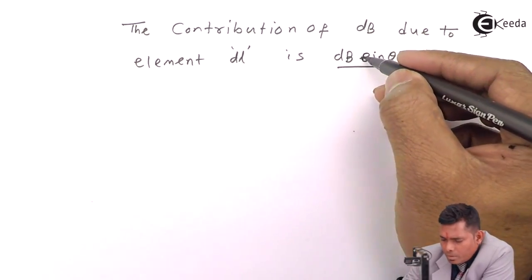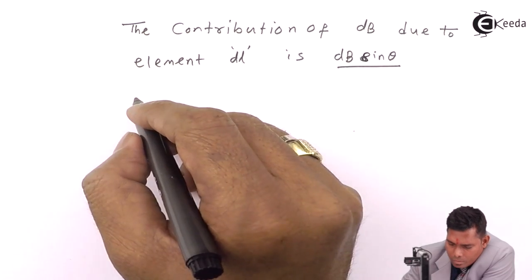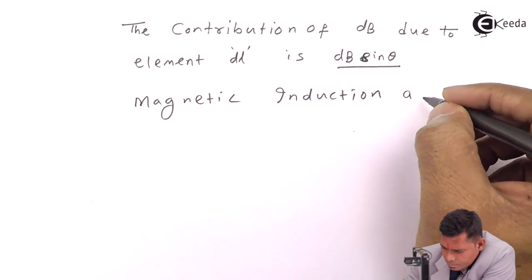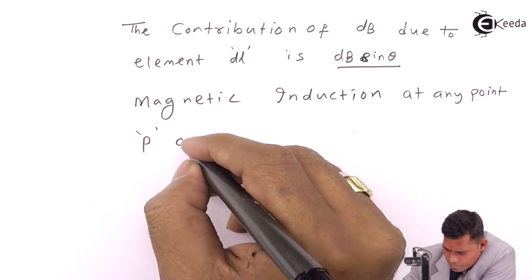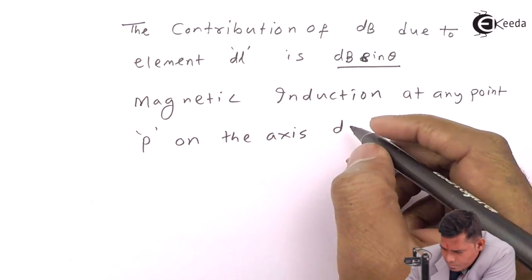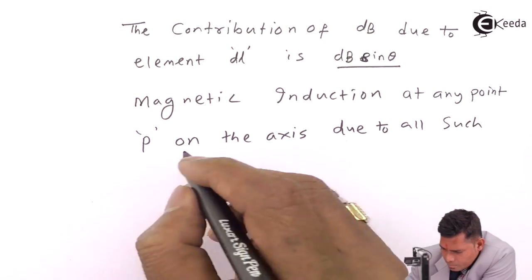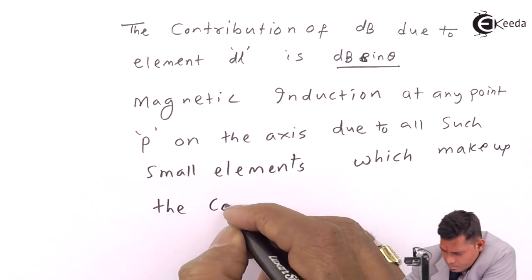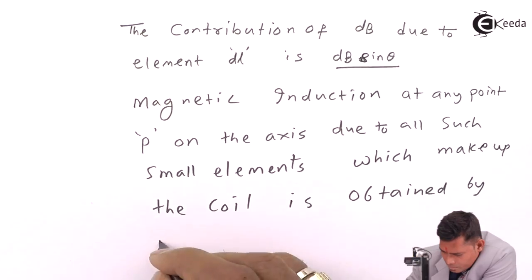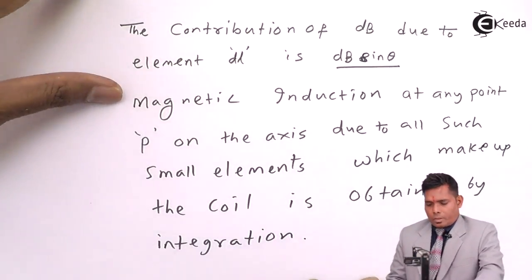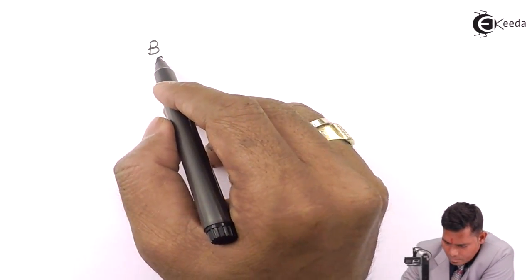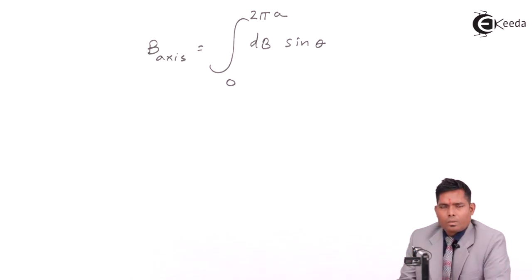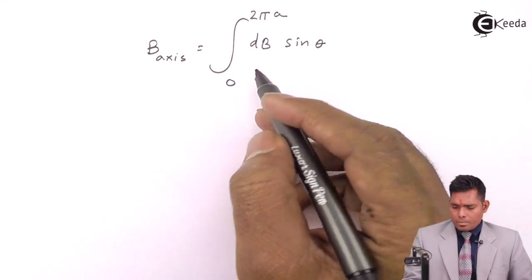This is dV sin theta, where A is the radius of the coil, dV sine integration.